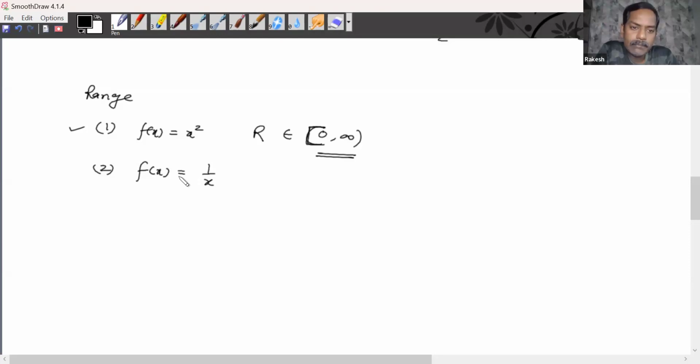So can it be anything which is, I would say, greater than 1? Yes, it can be, because the moment I say I can take the value of x to be say 1 over 1000, overall value would become 1000, right? So is there any value which f of x can't take?